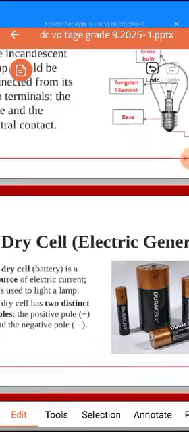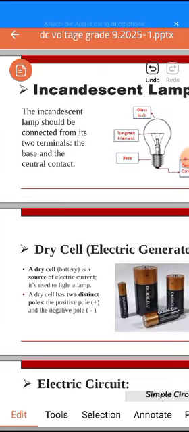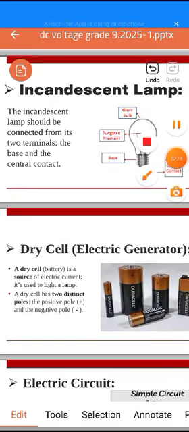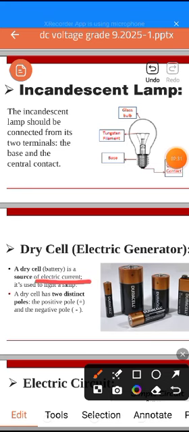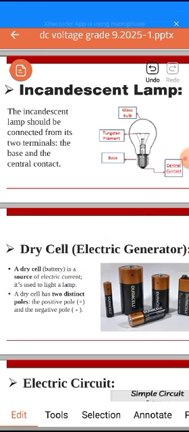A dry cell or battery is a source of electric current, and because of that, we call it a generator. We use it in order to light a lamp.